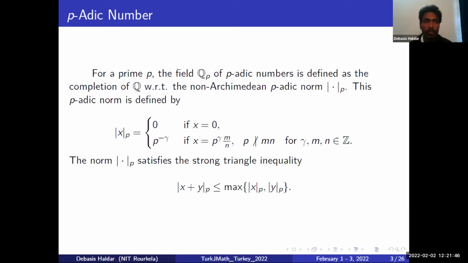This p-adic norm is 0 when x equals 0, and it is p to the power minus gamma when x equals p to the power gamma times m by n, where p does not divide m and n, and gamma, m, n are integers. This norm satisfies the strong triangle inequality, and that is why this norm is said to be a non-Archimedean norm.